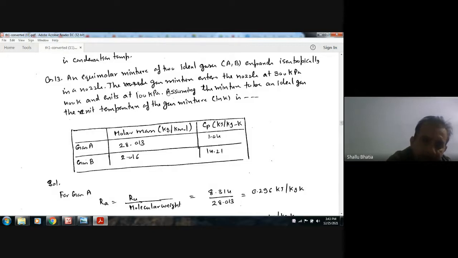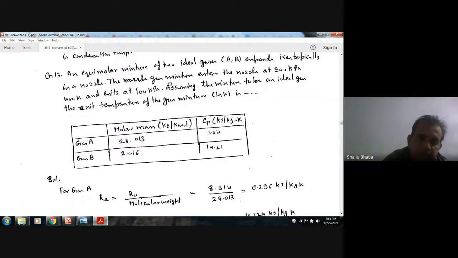Here it is given that the gas mixture enters at 300 kPa and leaves at 100 kPa, and the entry temperature is also given. The process occurring in the nozzle is isentropic, so for this we need gamma. First we have to calculate gamma.